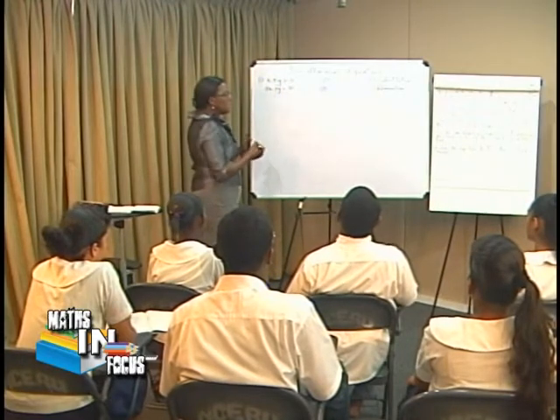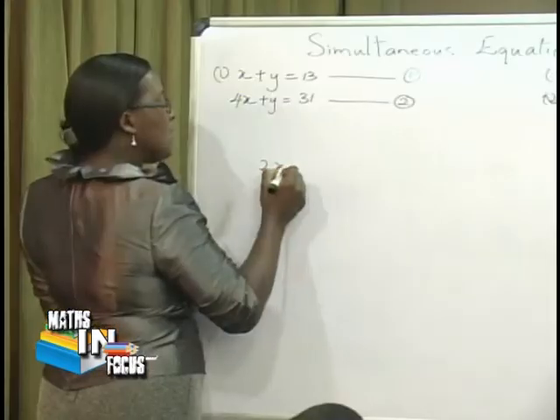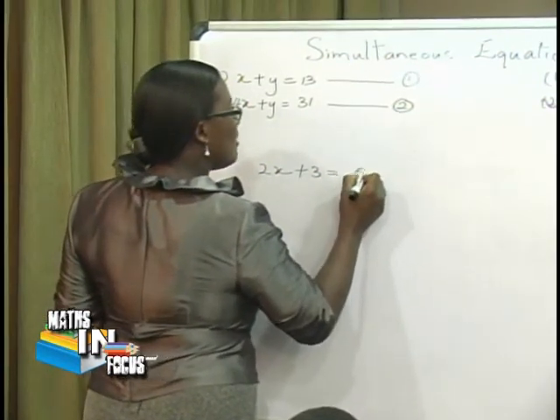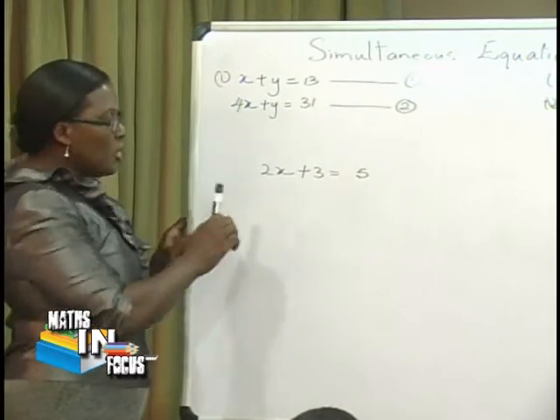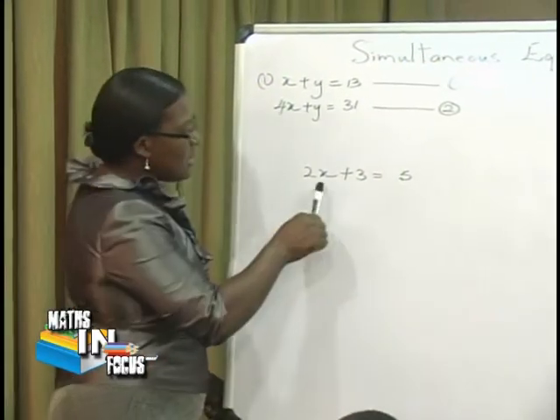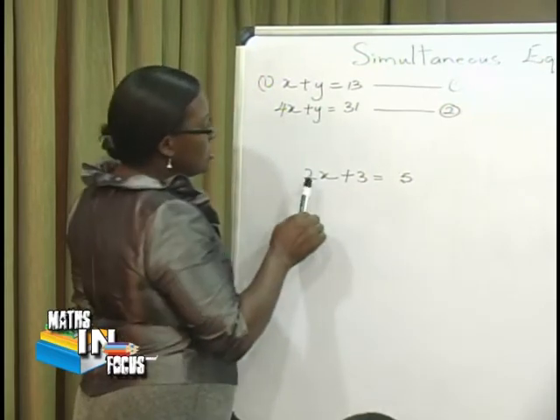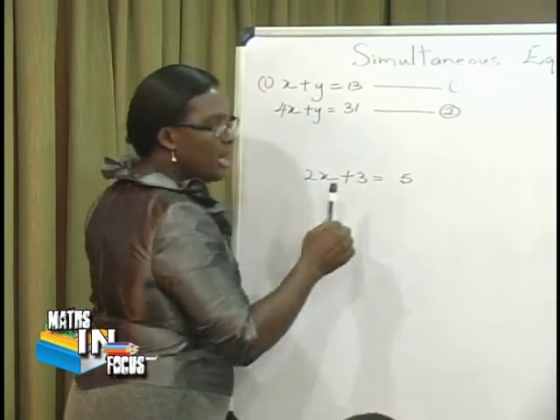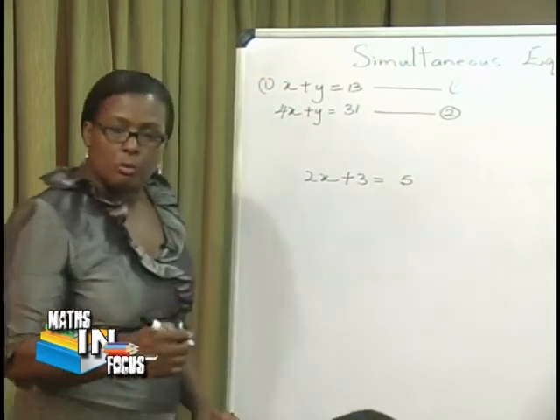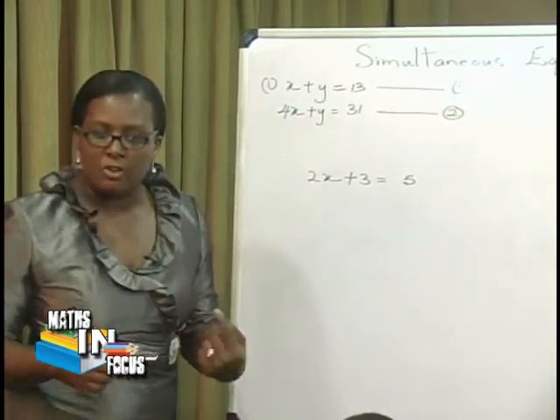Now we are accustomed to seeing 2x plus 3 is equal to 5. When you look at this equation, you see only one variable. The variable is x, and we see three constants: 2, the coefficient, 3, and 5. So we can take the 2, the 3, and the 5 and group them and find the value of x.